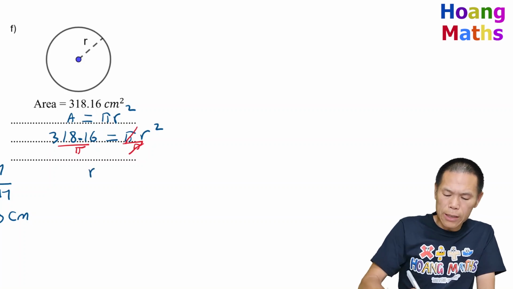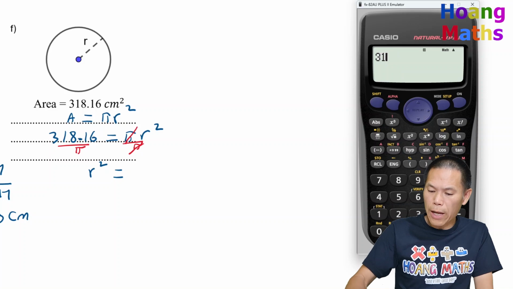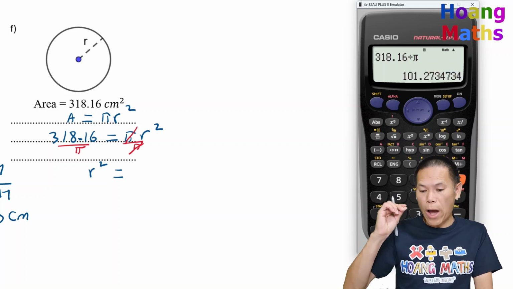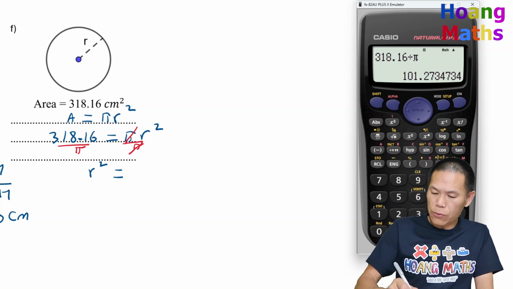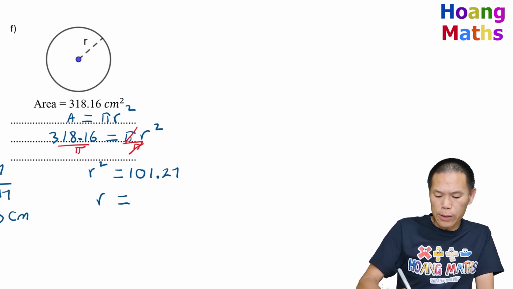So we have r squared equals 318.16 divided by pi. So there you go, 101.27 and so on. Let me just write this down, 101.27, and we take the square root of that, of course.